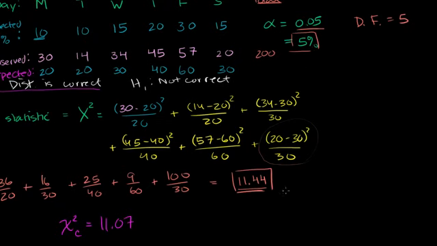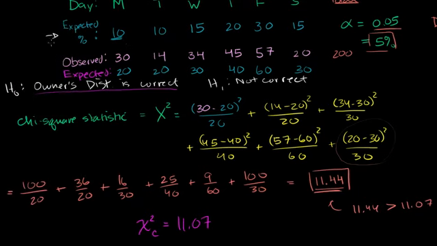So then we are going to reject. 11.44 is more extreme than our critical chi-square level. So it's very unlikely that this distribution is true. So we will reject what he's telling us. We will reject this distribution. It's not a good fit based on this significance level.